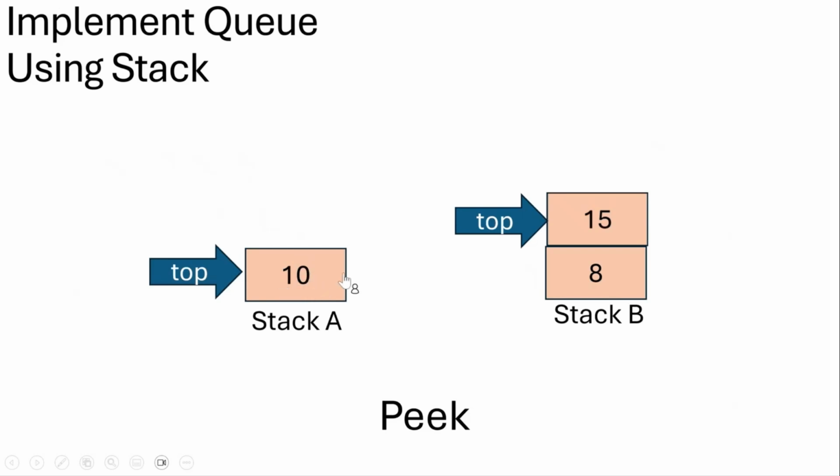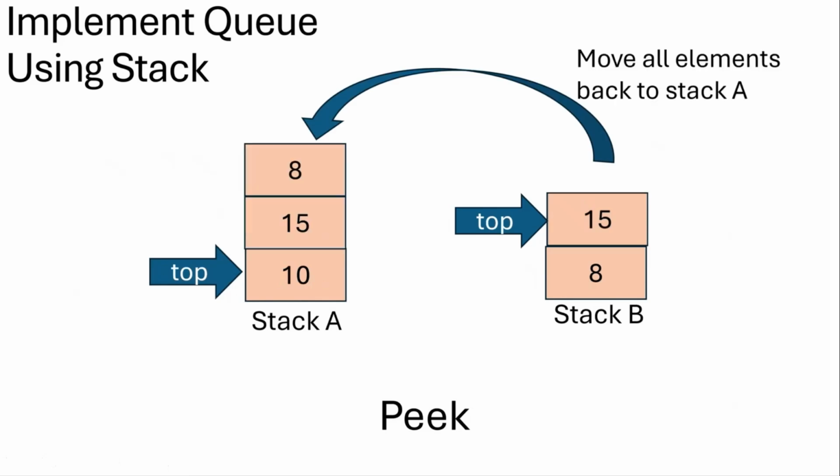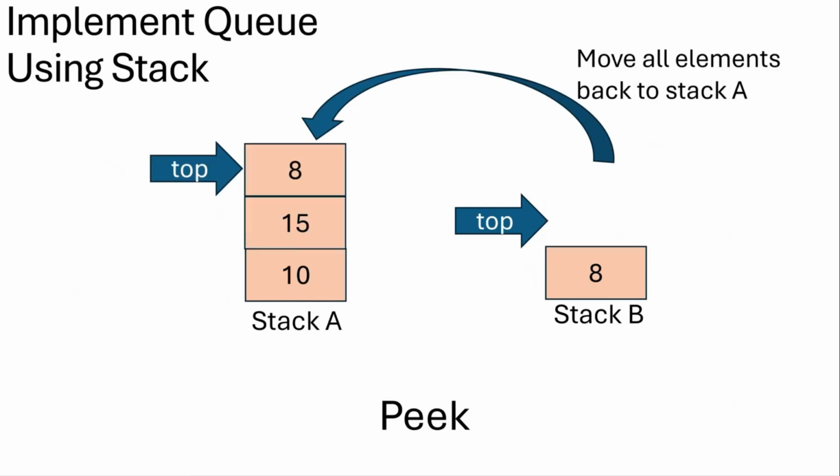And once that peek element is returned, move all the elements back to stack A. So this is how we can support the peek operation for a queue using these two stacks. Because we have to move all the elements from stack A to stack B, where n is the number of elements, the time complexity is O(n).